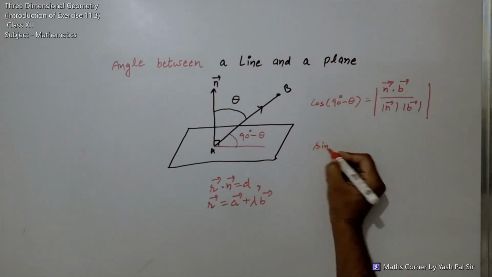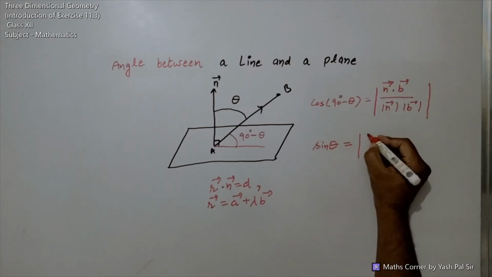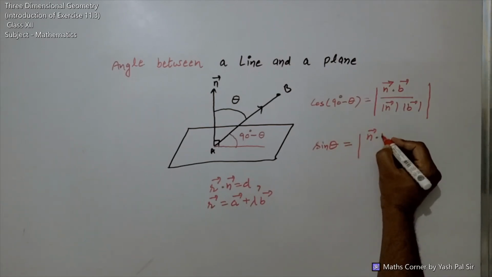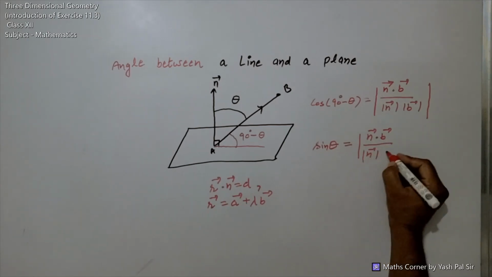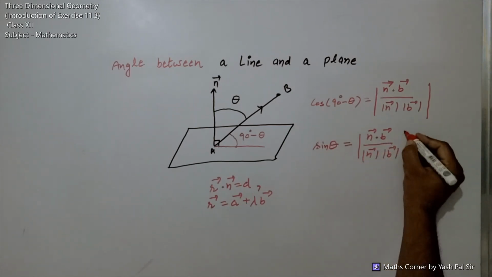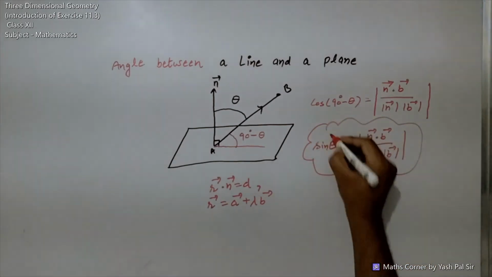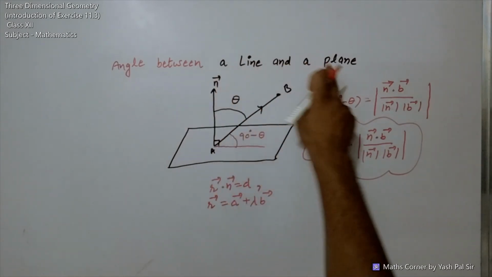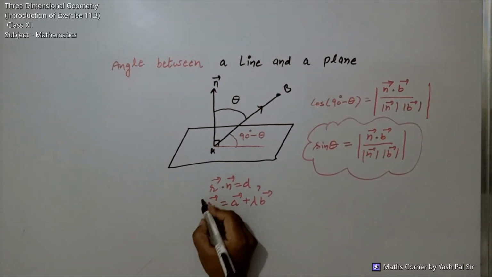So what is cos of 90 degrees minus theta? This is equal to sine of theta, which is n vector dot b vector divided by the magnitude of n into the magnitude of b. So this is the vector form of finding the angle between a line and a plane.